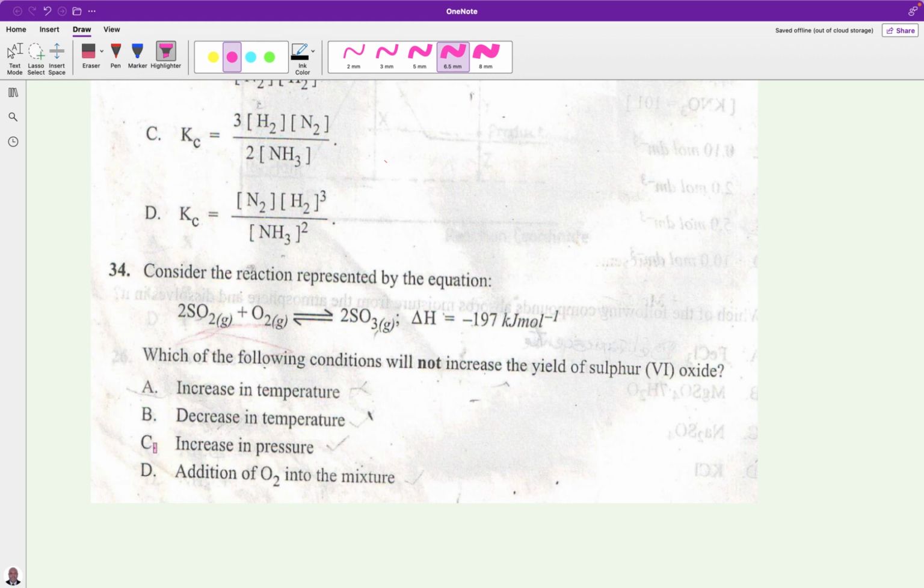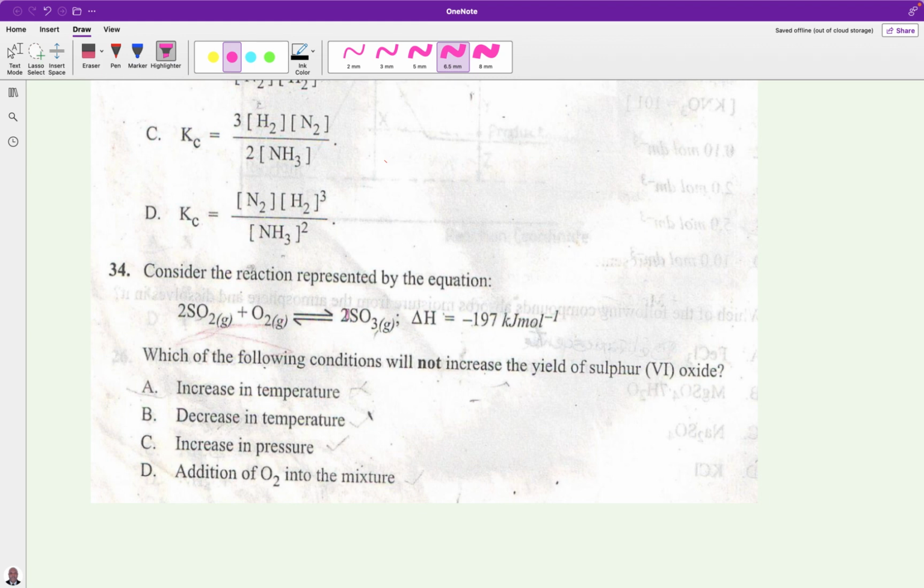C, increase in pressure. Increasing the pressure, according to Le Chatelier's principle, what happens? Le Chatelier's principle states that if a system in equilibrium is subjected to a change, the system must react in such a way as to oppose the change and restore the equilibrium.